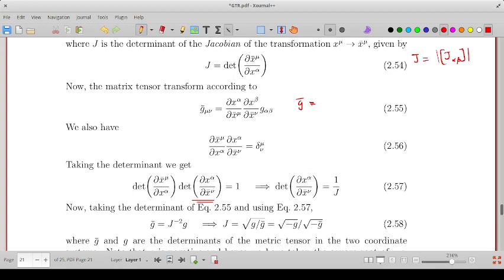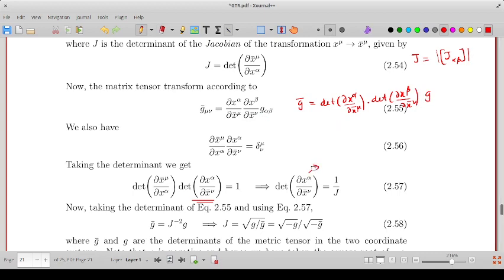So that is equal to the determinant of dx alpha by dx bar mu, times the determinant of dx beta by dx bar nu, times the determinant of the metric tensor in the original coordinates, which can be written as g.